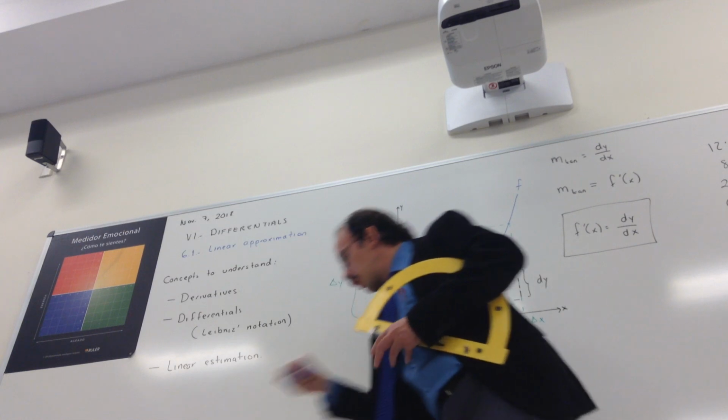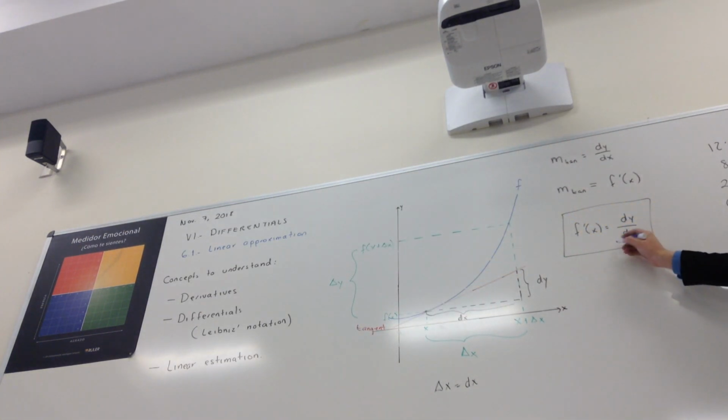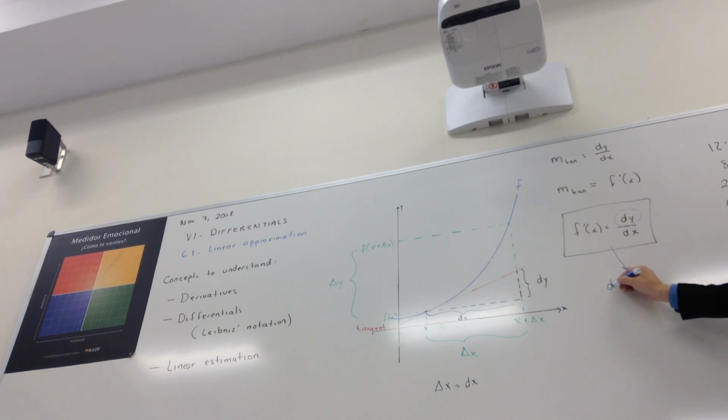And from this same formula, we can also isolate one of the variables. Which one? This. So dy is going to be equal to what? It's a division, so it's going to be the derivative times dx.